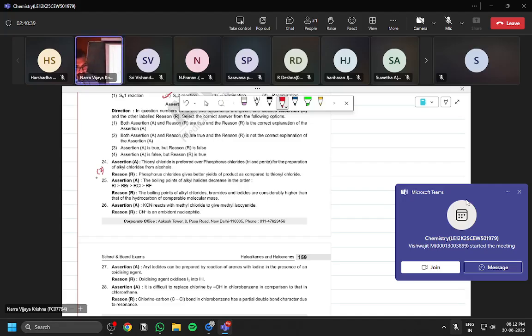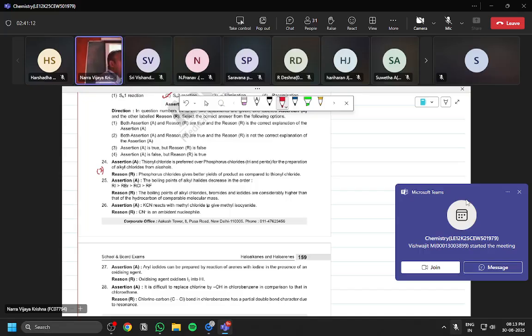Boiling point of alkyl halides decreases in the order. Correct. Iodides heavier molecular weight. So assertion correct. Boiling point of alkyl chlorides, bromides and iodides are considerably higher than that of hydrocarbons of comparable molecular mass. Correct. But both are not reason to each other. Compared to normal alkanes, chlorides, bromides, iodides are having higher boiling point.